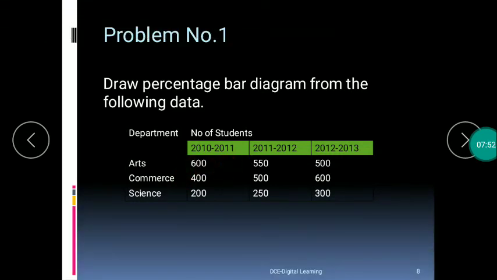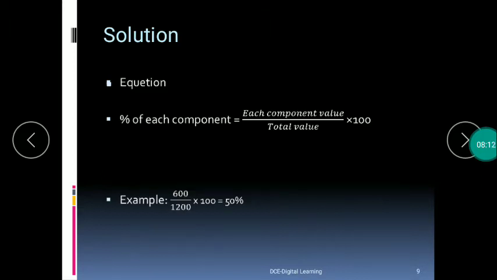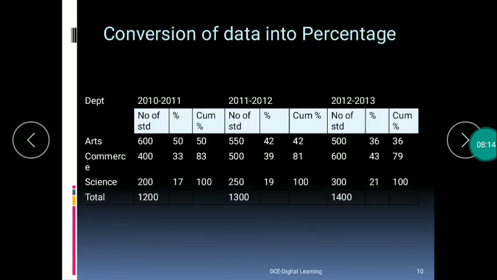So 600 divided by 1200 into 100, 400 divided by 1200 into 100, and similarly 200 divided by 1200 into 100. Similarly, you have to calculate the total of 2011-12, and similarly for 12-13, then relative percentages will be calculated. So here is the table which shows the calculation.